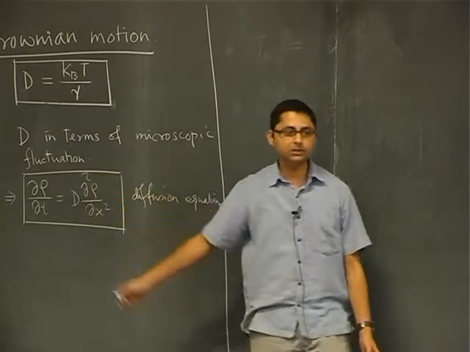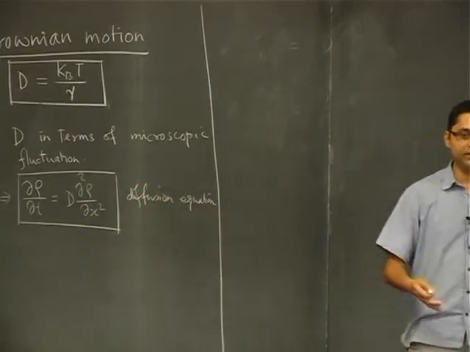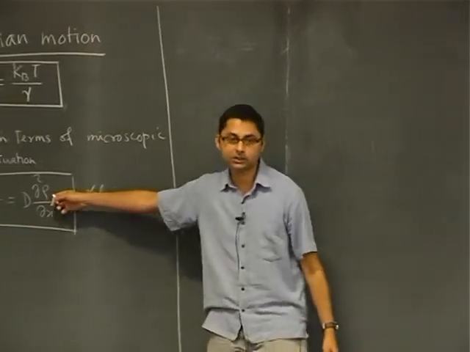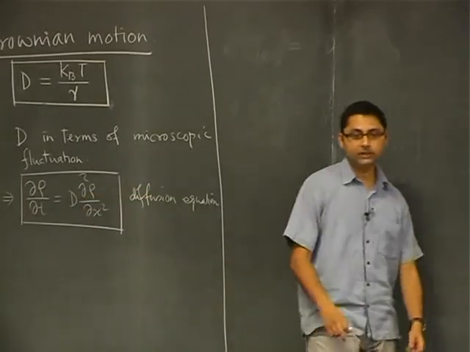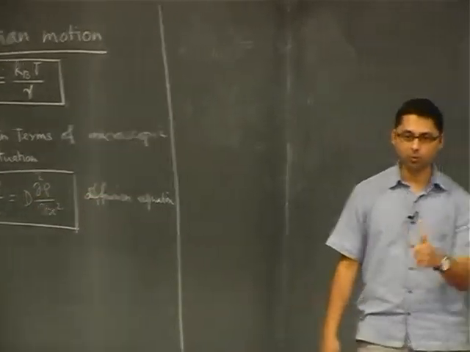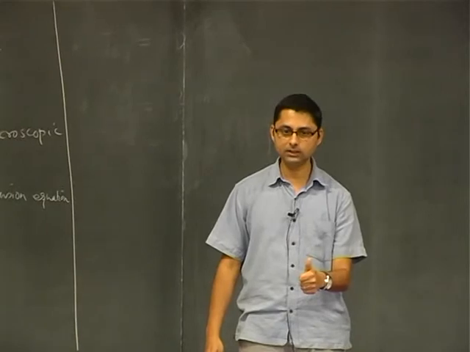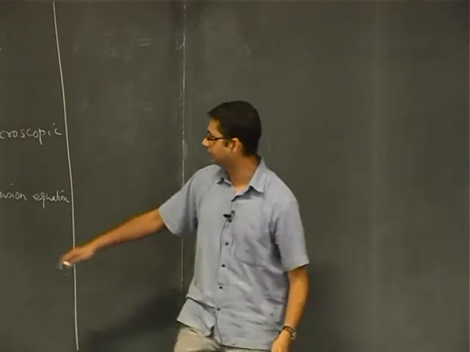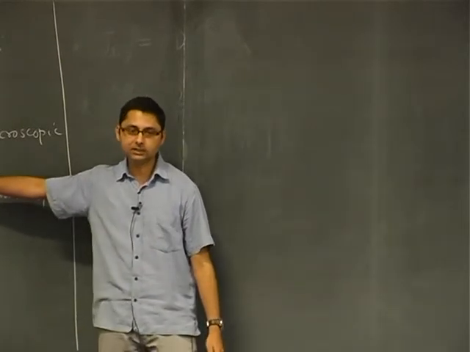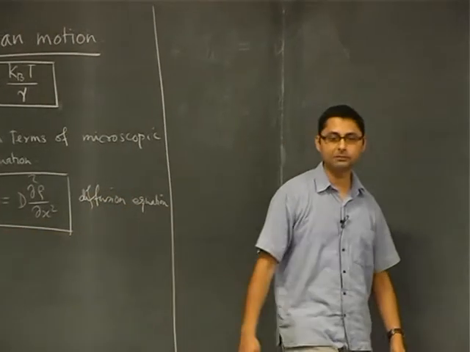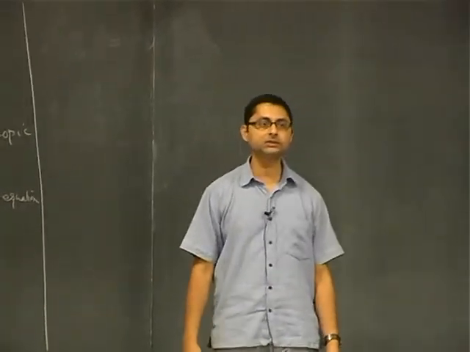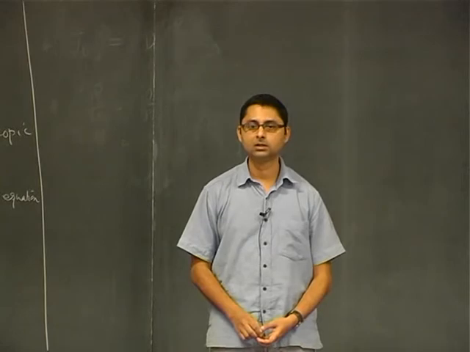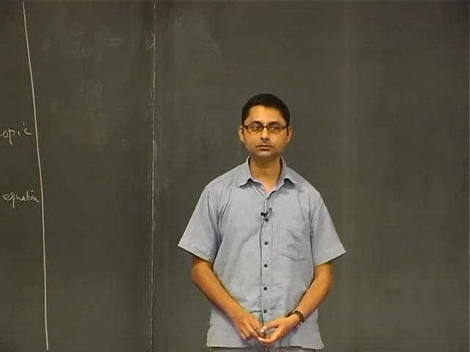Density you define for lots of particles, right? This is a particle density. Probability density you define for one particle, right? So up to some factor, this density is basically equivalent to the probability density. Is this statement clear to everybody?